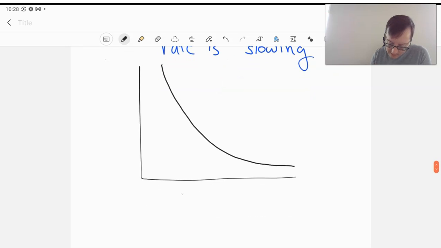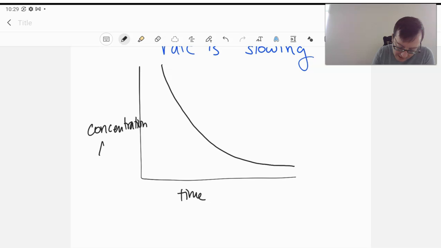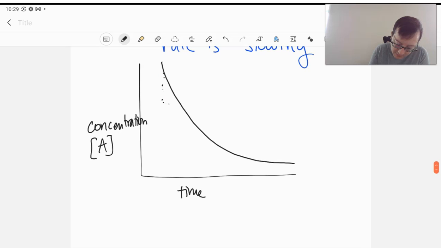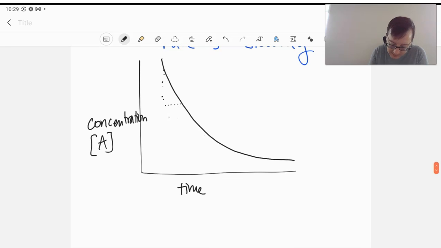If we say this is time here, and we have our concentration of reactant A, this is what a graph might look like. We see that at the beginning of the reaction, in a very short amount of time, we may use up a good deal of concentration. Let's say this is a 10-second time interval, and we will have used a good amount of reactant.